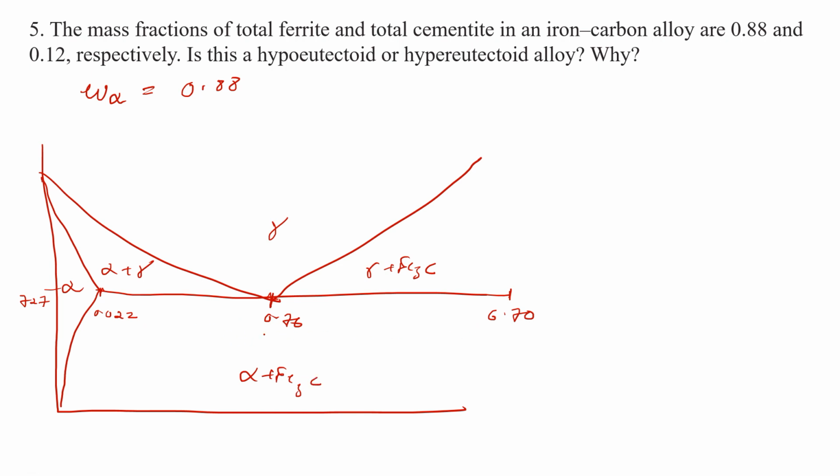We don't know where the composition lies right now, but it should be 6.7 minus C naught, which might be here or here, divided by 6.7 minus 0.022, right?